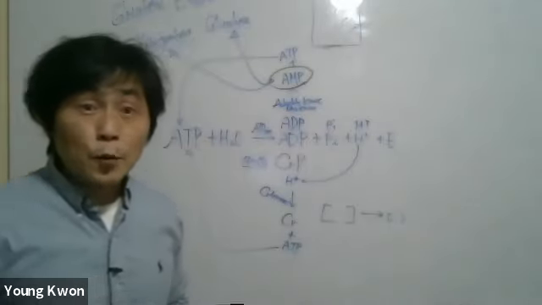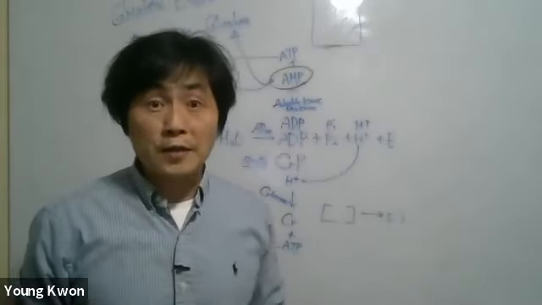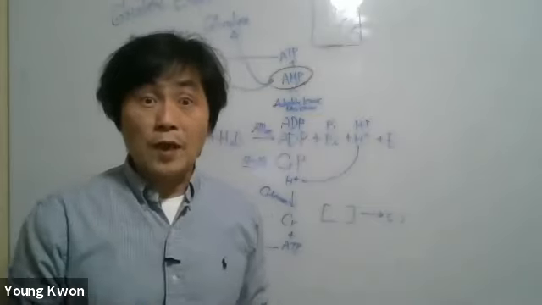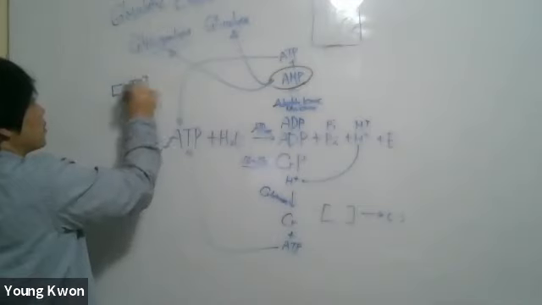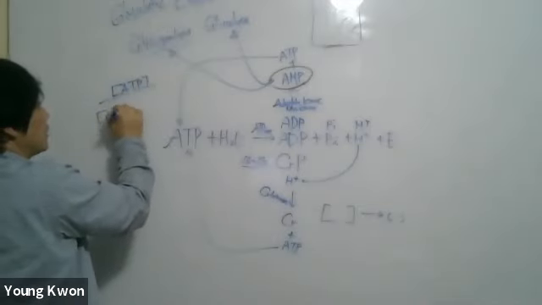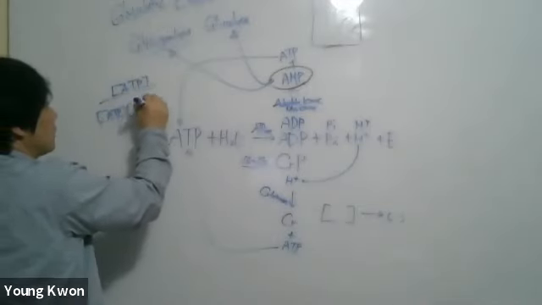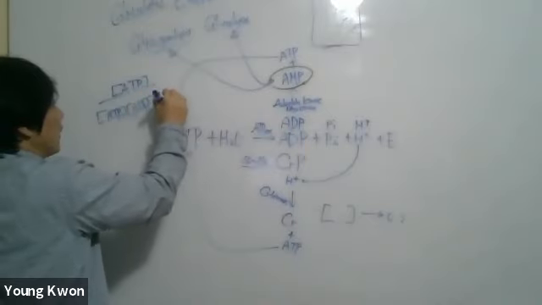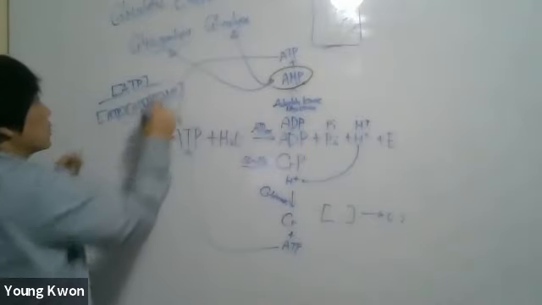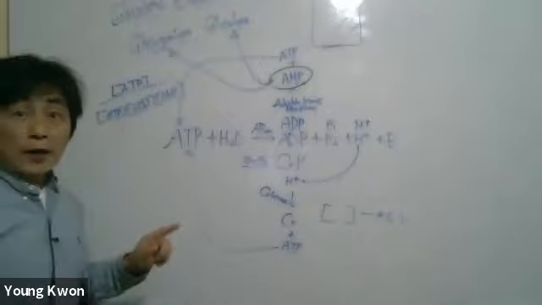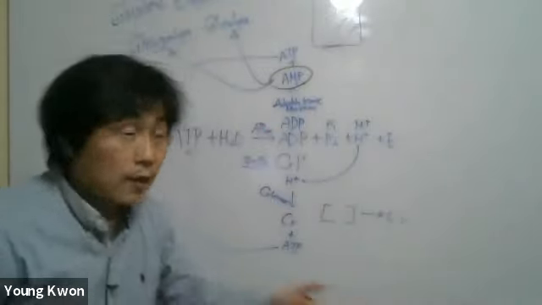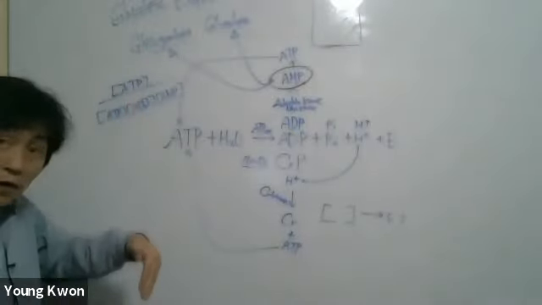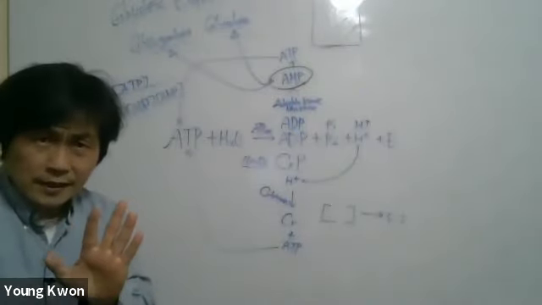Actually, there is phosphorylation potential. You can see my PowerPoint. Phosphorylation potential is a ratio: ATP concentration divided by ATP, ADP, and AMP. If this ratio is high, it's good to resynthesize ATP. But if this ratio is lower, it's not good to resynthesize ATP.